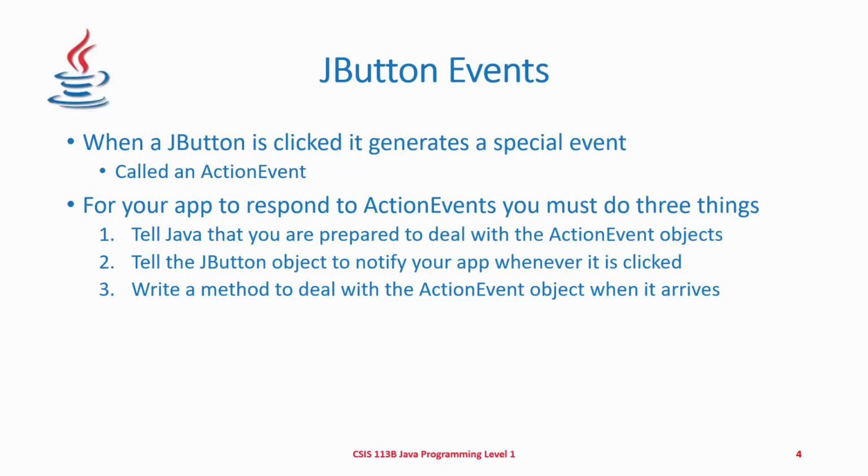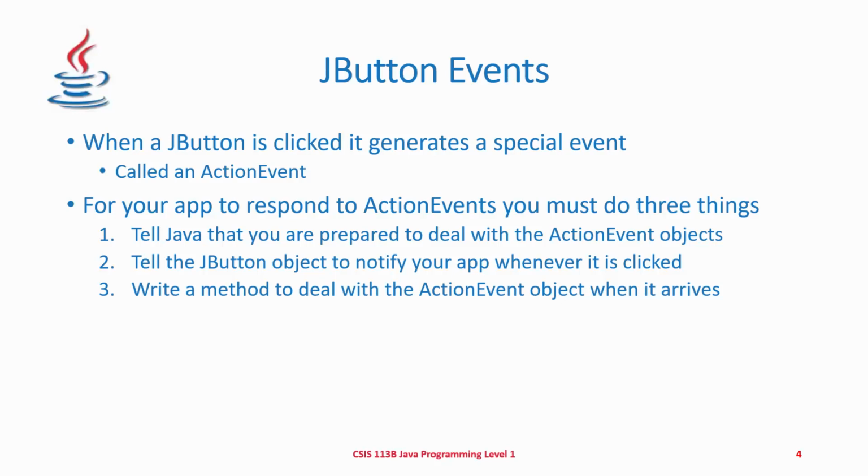So a little bit more specifically, when a JButton is clicked, it generates a special event. It's called an action event. So that's the interface that we're going to be implementing into our GUI interface so that we can listen for those types of events. And then for our app to respond to these action events, we have to do 3 things. We have to tell Java that we're prepared to deal with the action event objects.